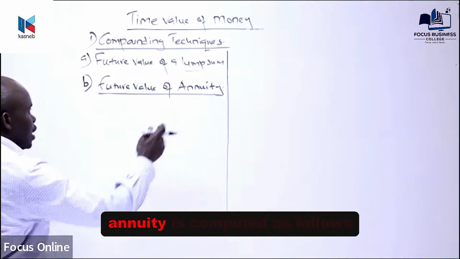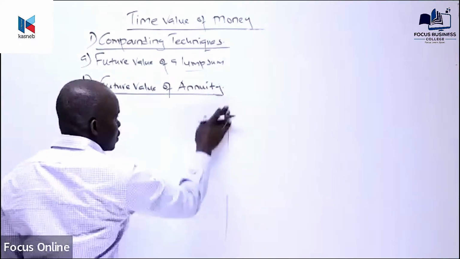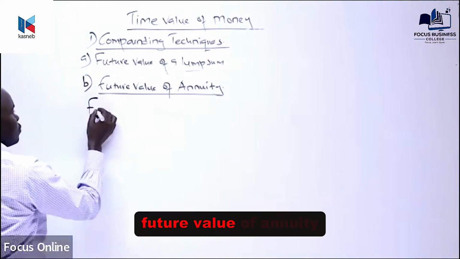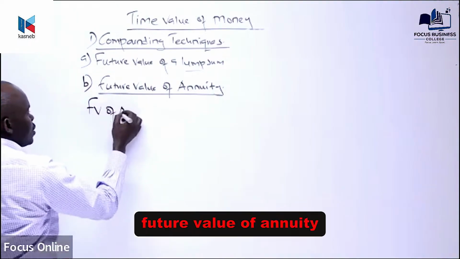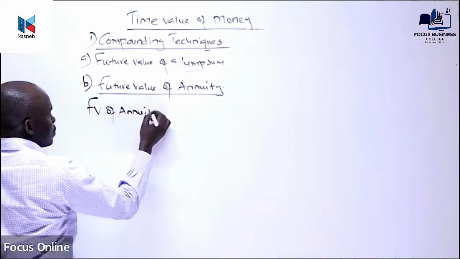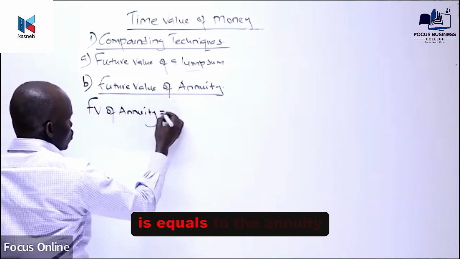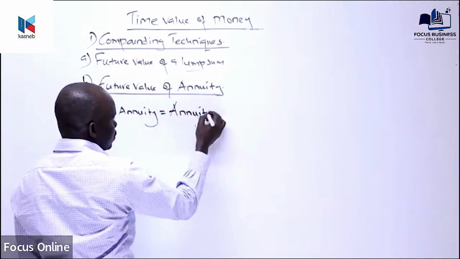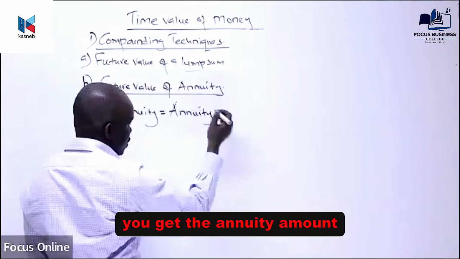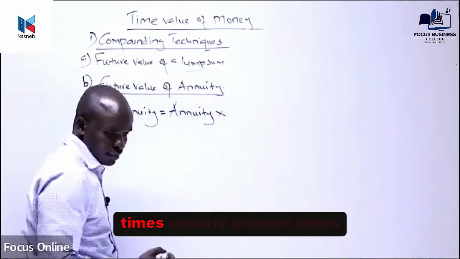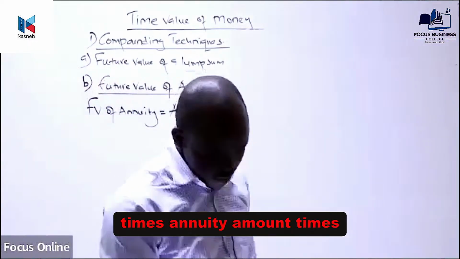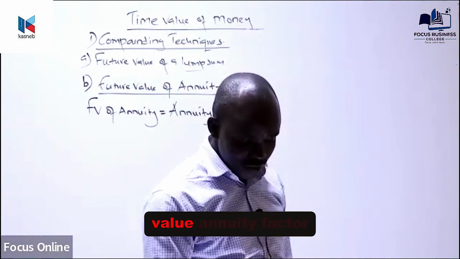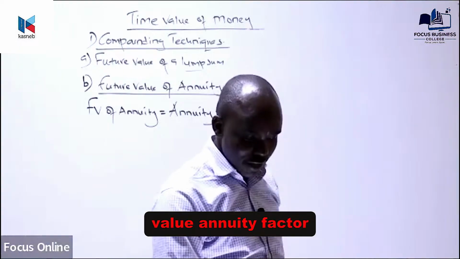So future value of an annuity is computed as follows. Without wasting a lot of time, future value of annuity is equal to the annuity amount times the future value annuity factor.